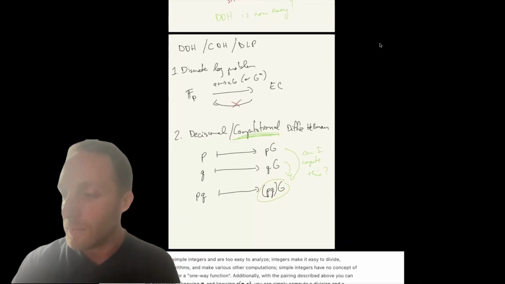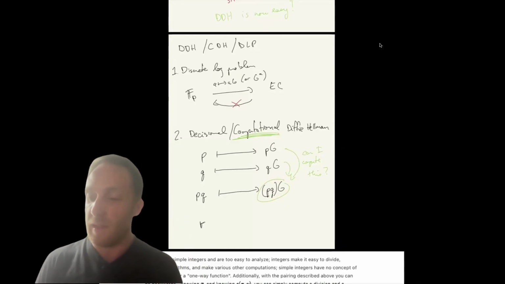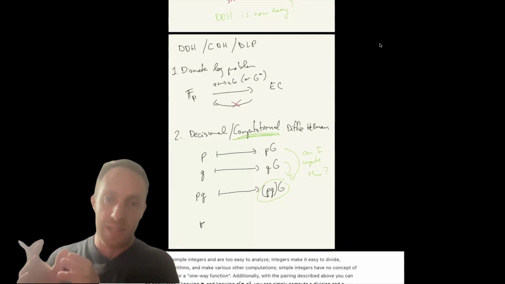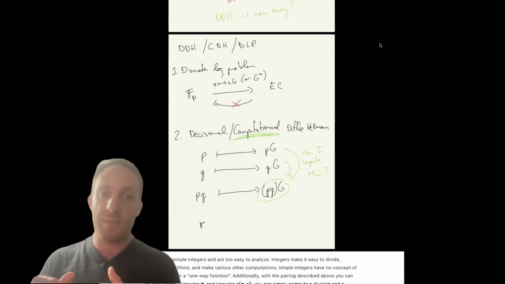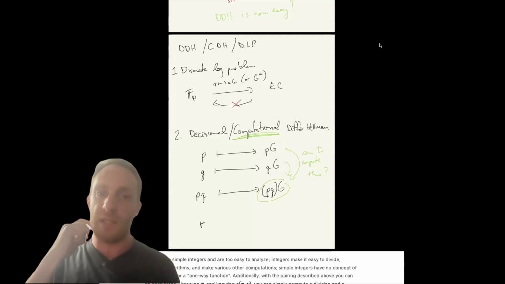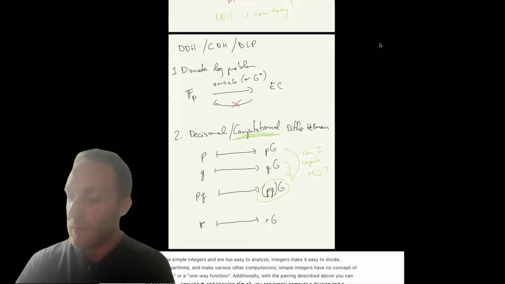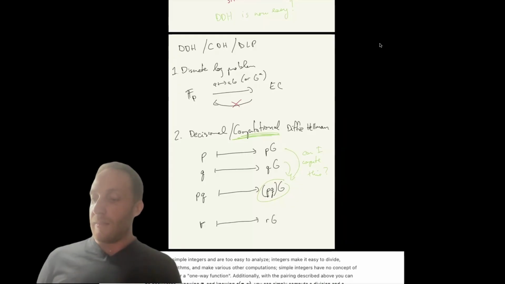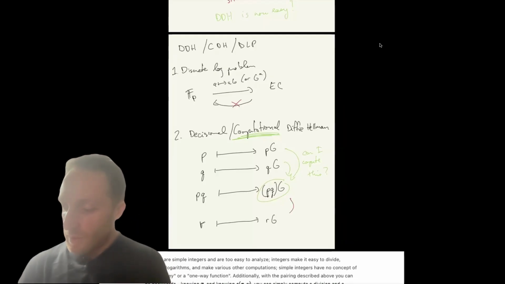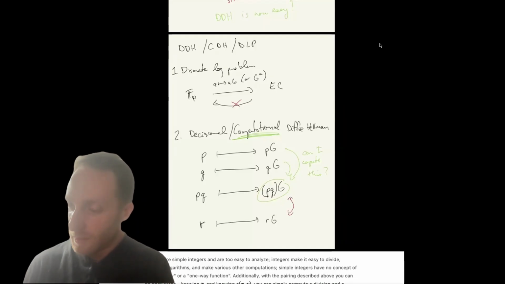Just be aware that even if you have an elliptic curve with an extra pairing that gives you all these other nice properties, you can still do Diffie-Hellman key exchange in that group. So if you have another group, can you distinguish both of these?